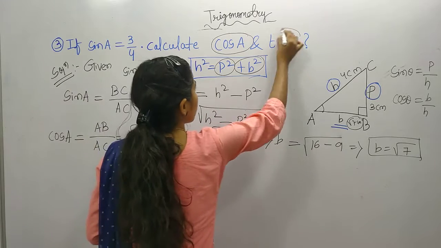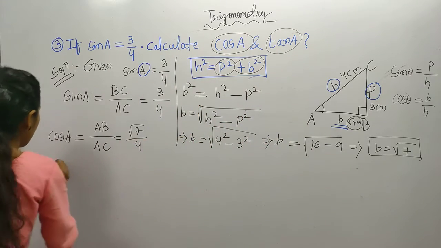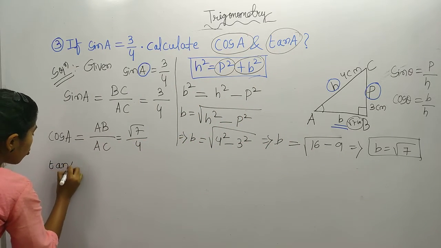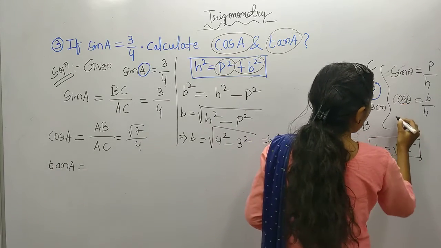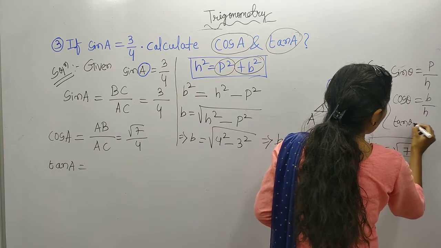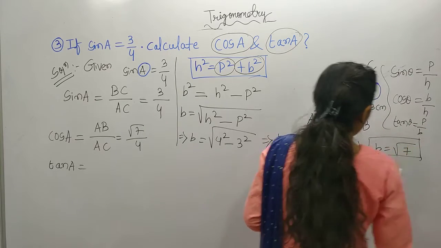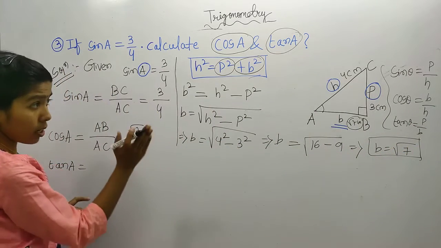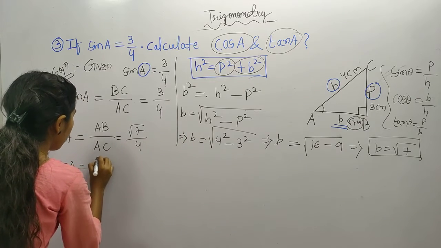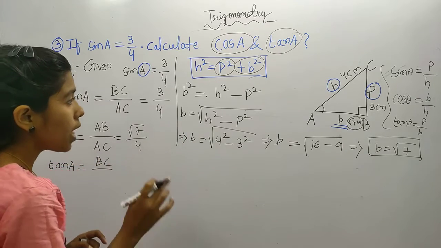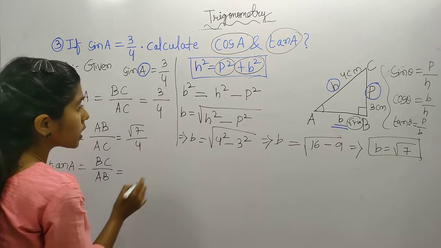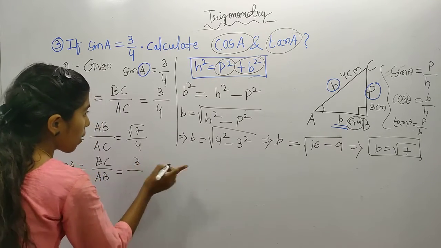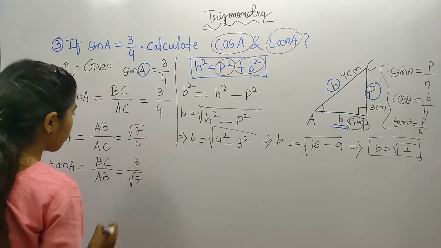Next, tan A. The formula is P by B. Here we write tan theta equals P by B. So what is the perpendicular? BC divided by base AB. So perpendicular is 3 divided by AB, which is root 7.